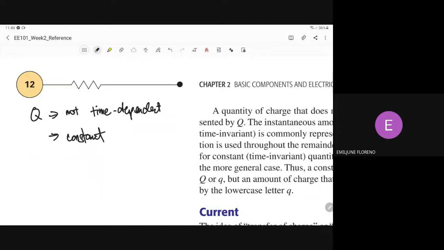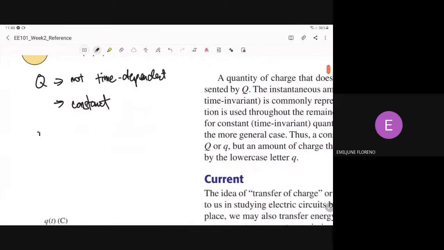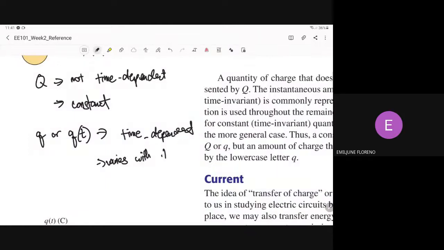Kung small letter q or q of t, it means that it is a function of time. So time dependent ni siya, and it varies with time. Mao ni siya mga convention nga atong gamiton.